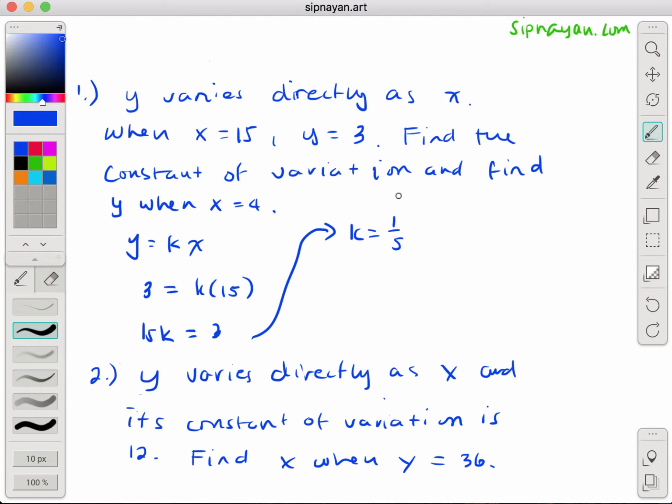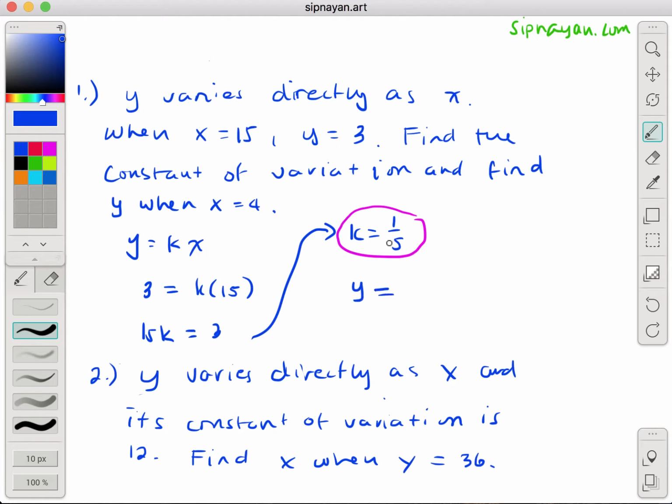Tapos, ito na, nasagot na natin to. What is the constant of variation? So, this is one of our answers. And ang pangalawang tanong is to find the value of y when x equals 4. So, y equals kx, so meron na tayong constant of variation. So, pwede na natin siyang i-substitute.